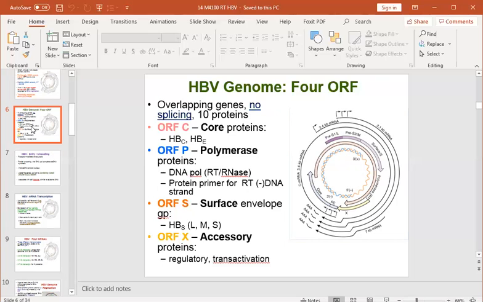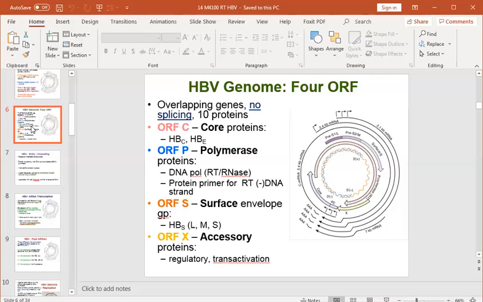Open reading frame P codes for polymerase proteins. These polymerase proteins are DNA polymerase. It also makes reverse transcriptase and RNase H, and it makes the protein primer for RT negative DNA strand synthesis.